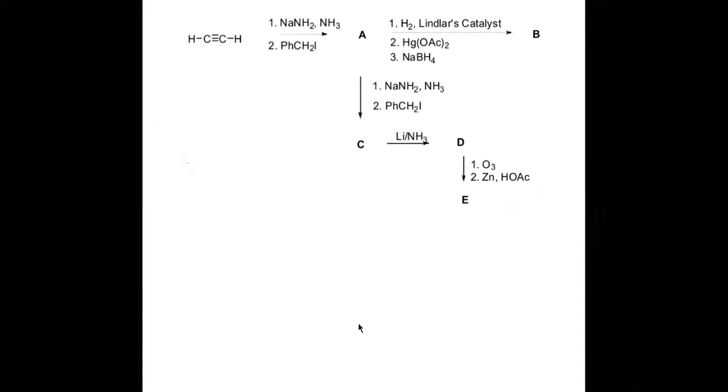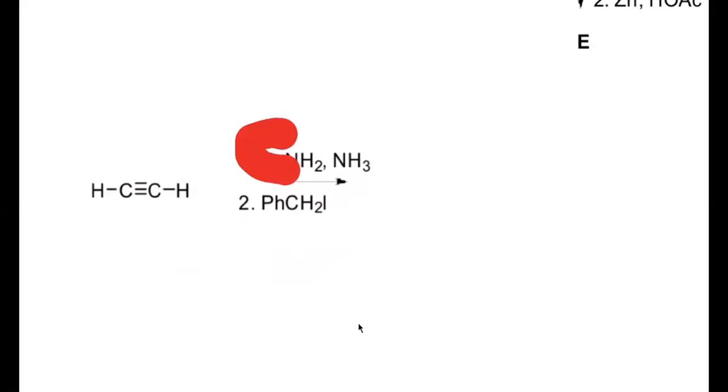So let me take that first reaction, I'm gonna paste it right here. Boom. So first question, what kind of reaction is that? We're gonna talk about the reaction itself and the outcome. So NaNH2 is a strong base.